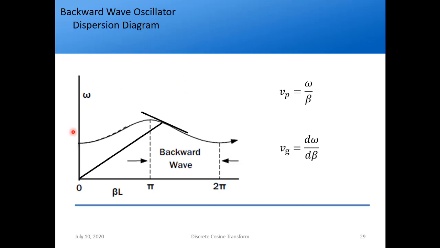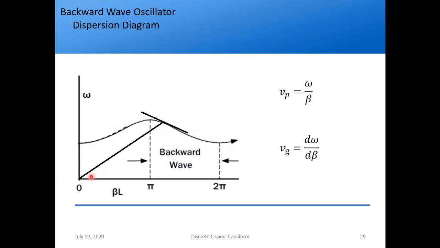If you see, on the y-axis we have omega, on the x-axis we have beta L. You can neglect this L and think that it is beta only. So y by x is Vp, because it is omega by beta. The slope of this line gives the phase velocity. So this is the dispersion diagram plotted. It is going upwards, attaining a maximum value, and going downwards, sort of a bell curve, right?